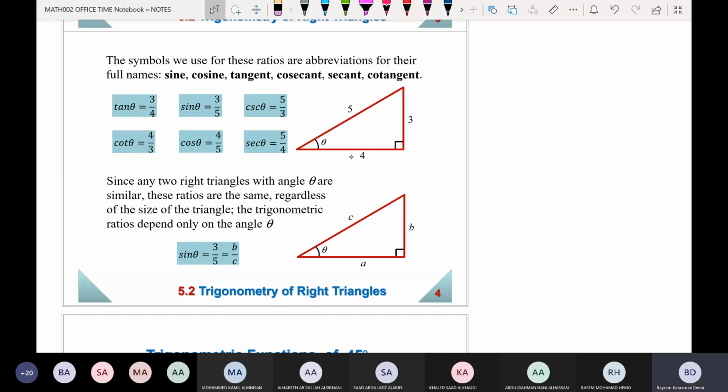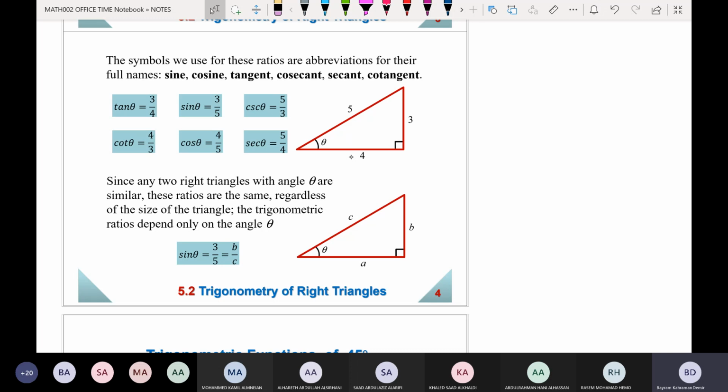Well, b divided by c should be exactly the same as 3 divided by 5, because trigonometric functions will not change. If the sine theta is 3 over 5, wherever you have the same angle, same theta, the ratio will be the same.